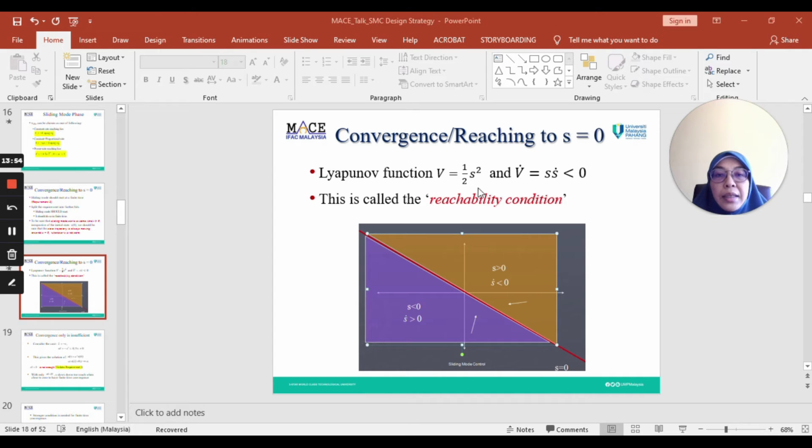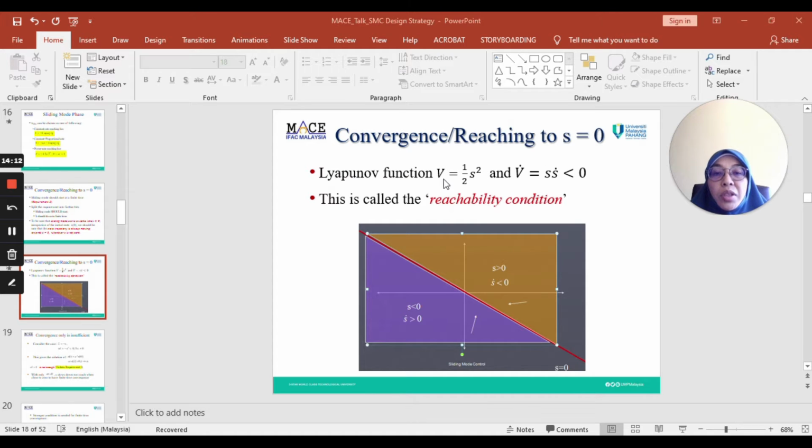The other sub-requirement of the second requirement is that we have to define our Lyapunov function. The Lyapunov function can be used to check the stability of the proposed controller.